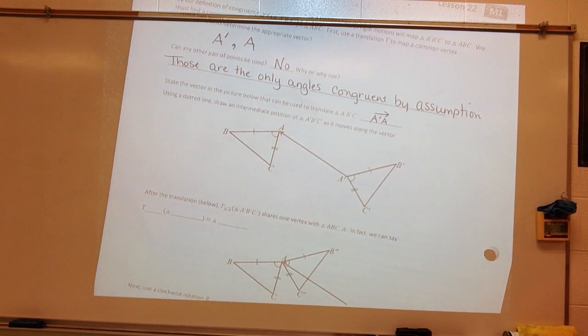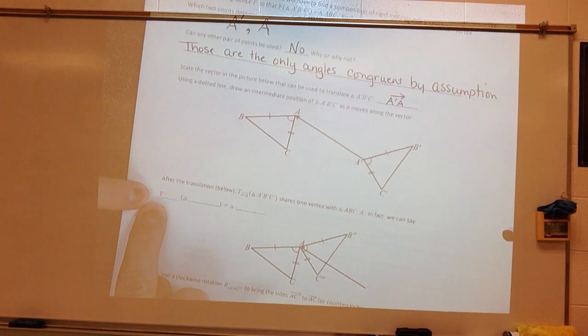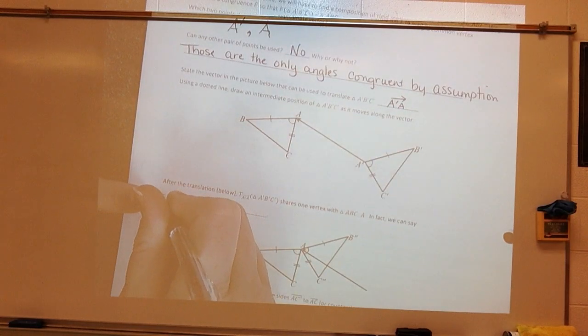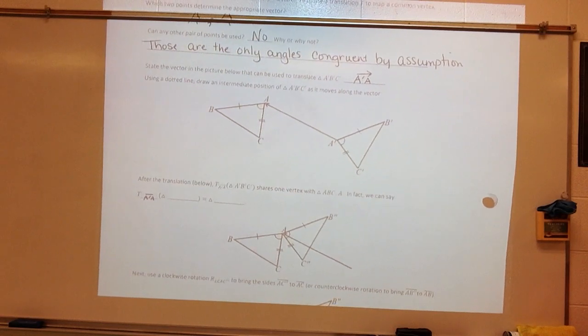In fact, we can now say that the translation, all right, that T stands for translation, the translation of, and I need to put this A prime A here, tells me what I'm translating.